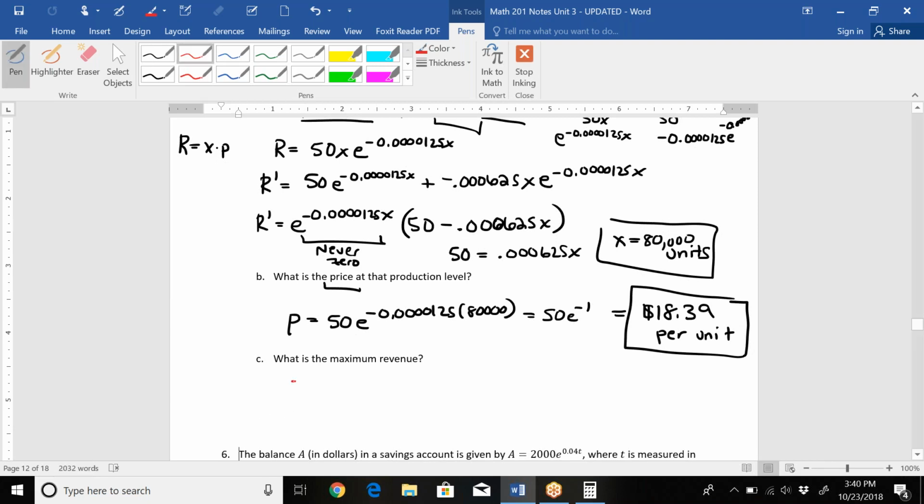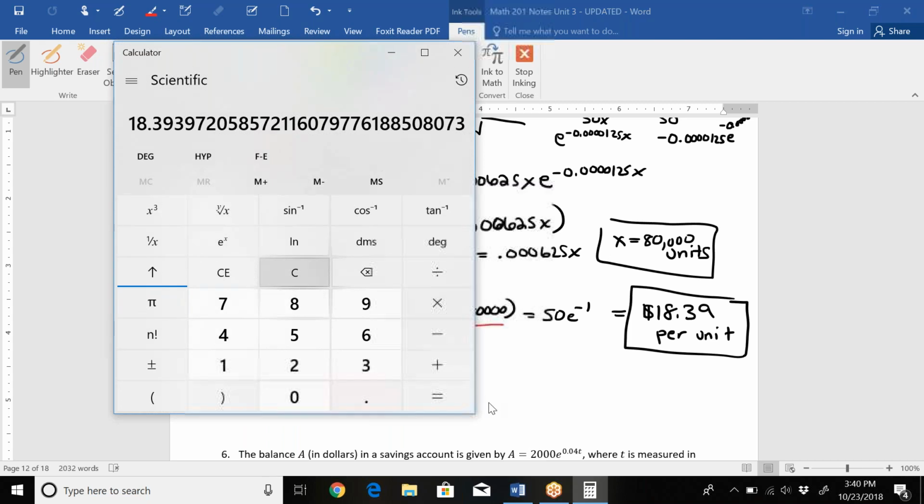So this would be 50 times 80,000, because we're using R for this guy. And then that would be times e to the negative 1. We already know that's going to come out to negative 1 because we just did it, from right here. Just saving myself rewriting all that.